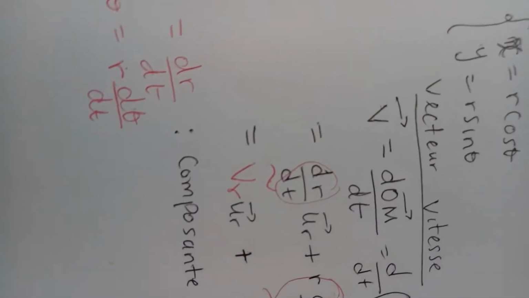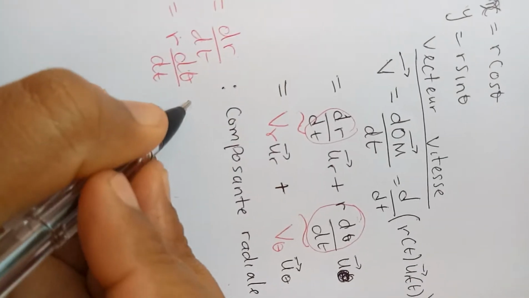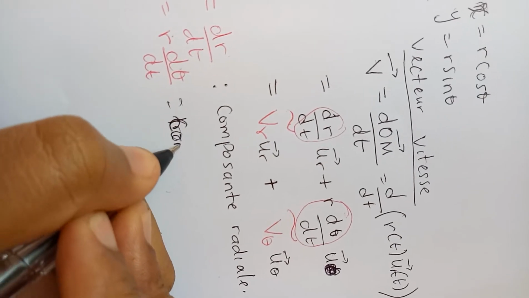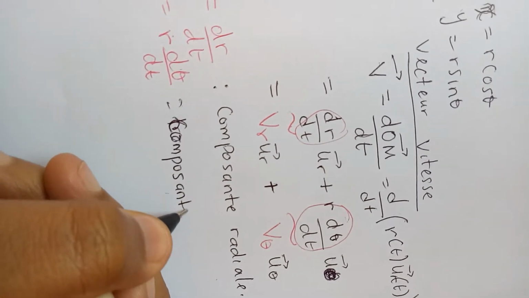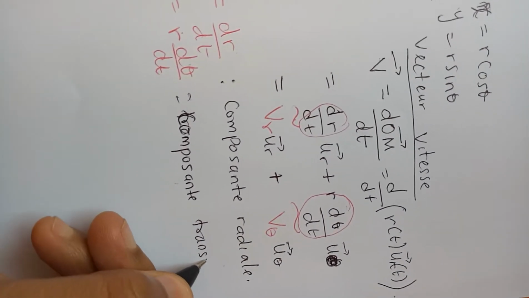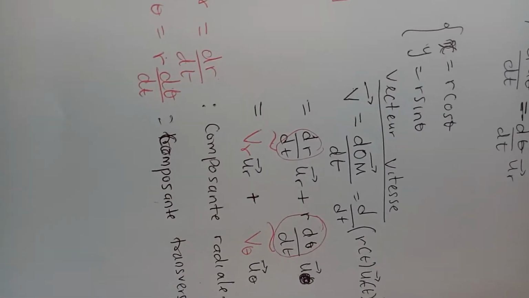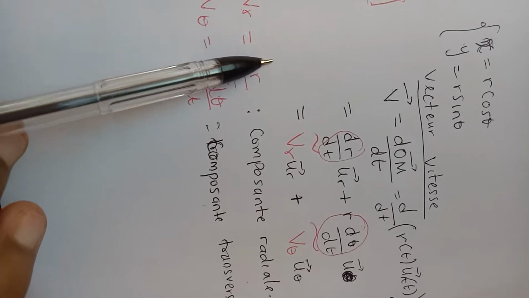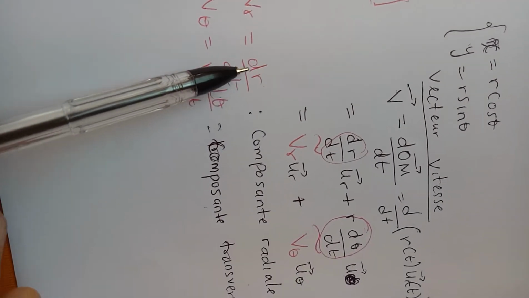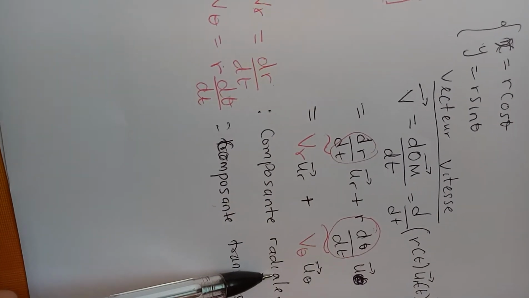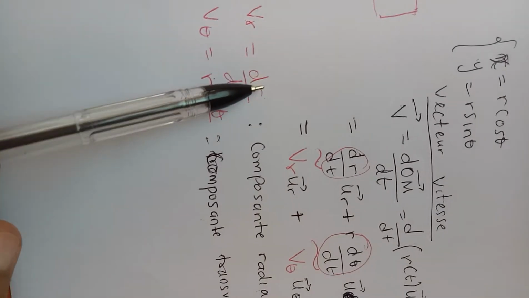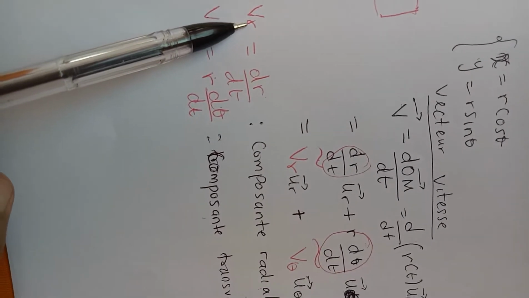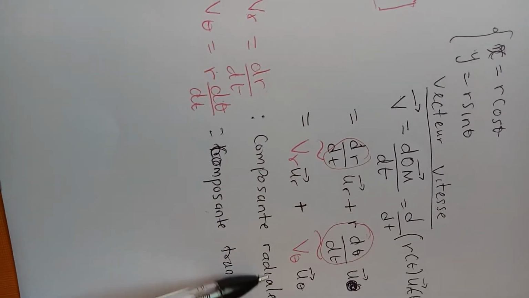And your composant transversal is your V theta. So all you do is you'll be given R, and to find the composant radial, you derive R to get velocity, and that will be your composant radial.